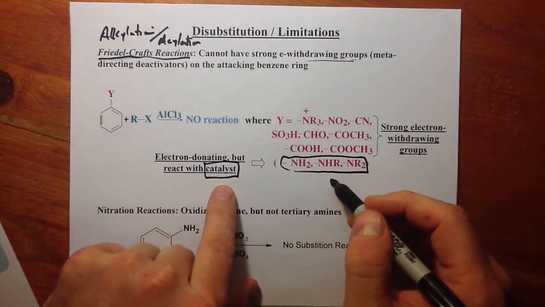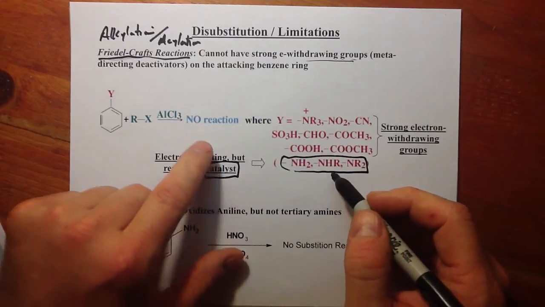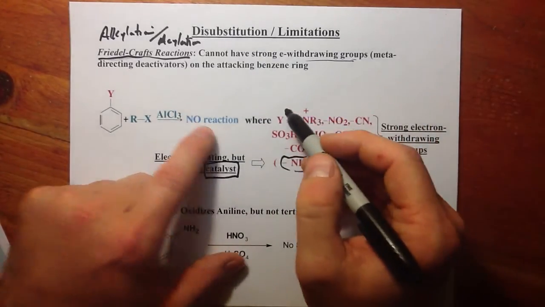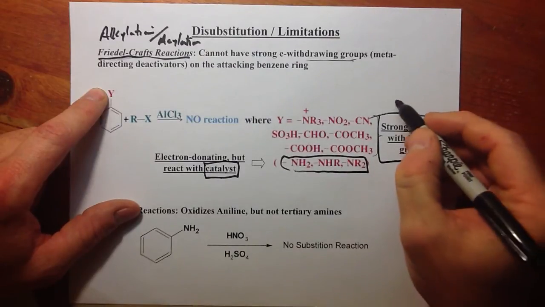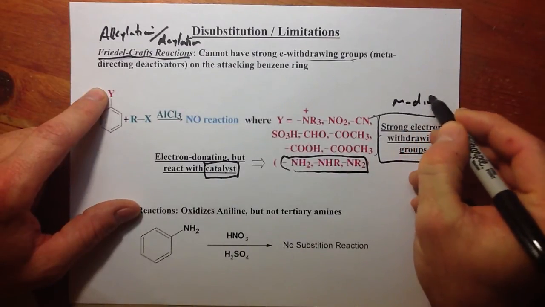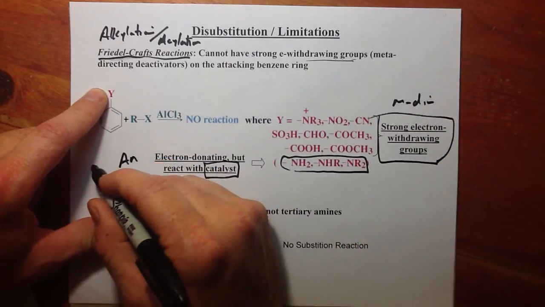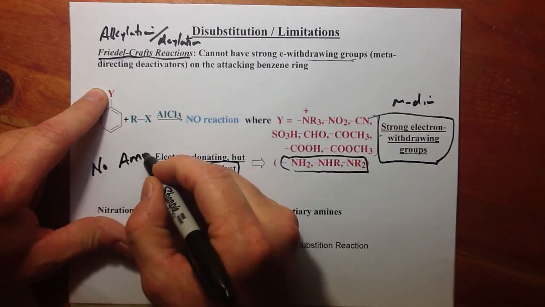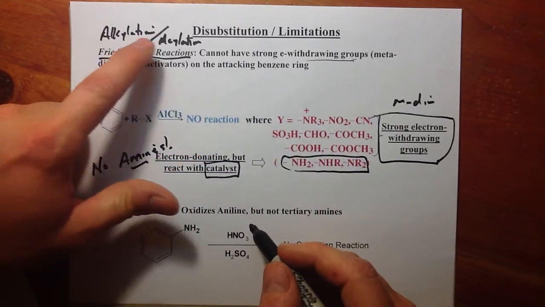It's a catalyst issue. It reacts with the Bronsted or Lewis acid. So you can't have meta-directing groups on, strongly withdrawing groups. And we can't have amines on if we want to run Friedel-Crafts reactions. That is alkylation or acylation.